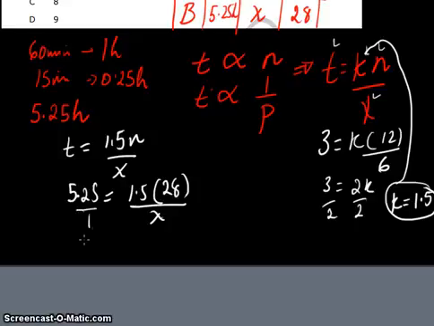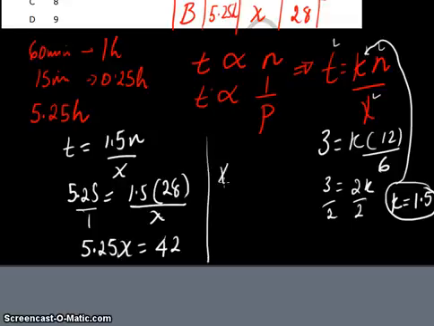X times 5.25 gives us 5.25x, and 1.5 times 28 gives us 42. Now we're going to divide both sides by 5.25, and this gives me x equals 42 divided by 5.25, which gives me 8.